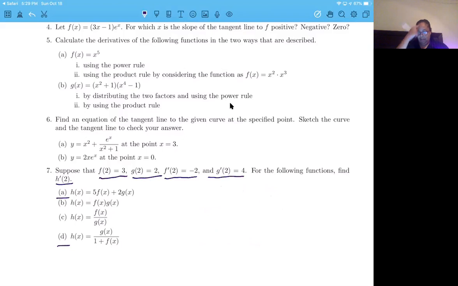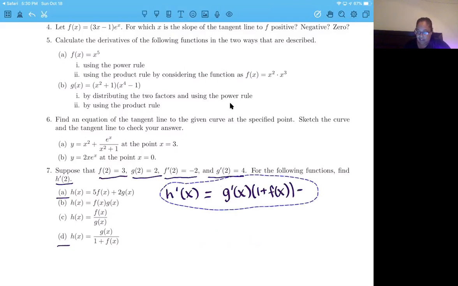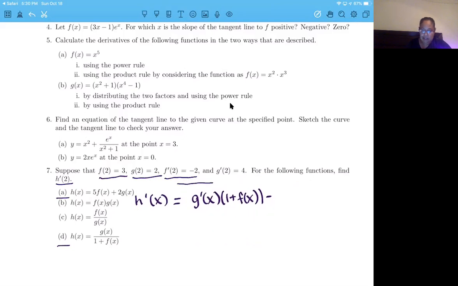All right, so we're going to have to use the quotient rule on this one. So h prime of x, we're going to take the derivative of the top, which is g prime of x, times the bottom, which is 1 plus f of x, minus the top times the derivative of the bottom.